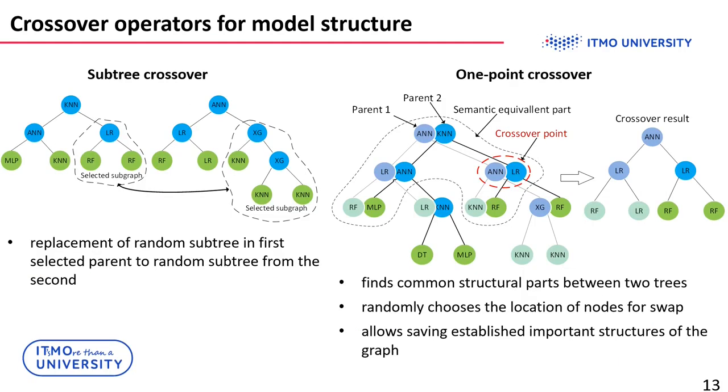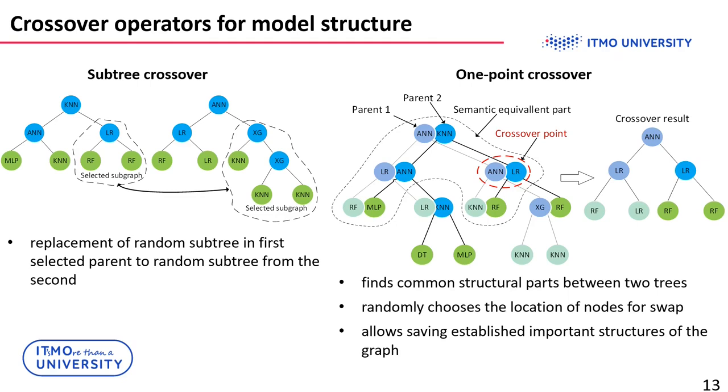There are several crossover operators that can be applied to the directed acyclic graph of the composite model structure. The simple one is the subtree crossover that just changes the subgraph of the first individual to a random subgraph of the second individual, and vice versa. The more advanced version of the crossover is one-point crossover.